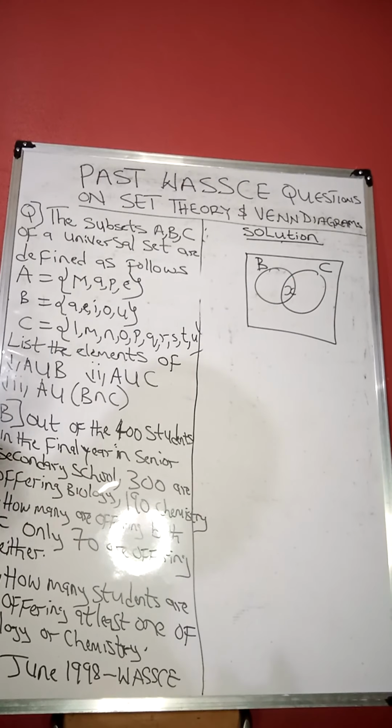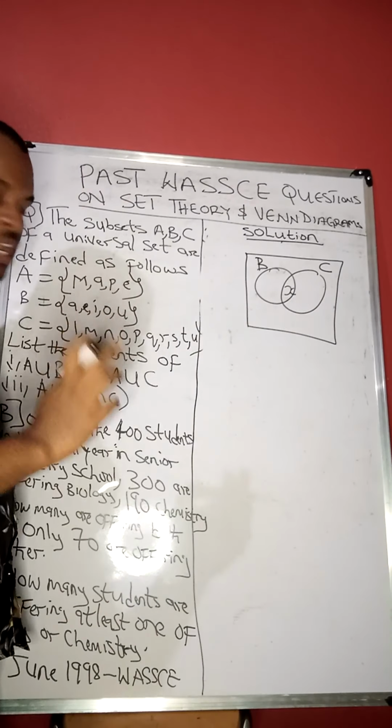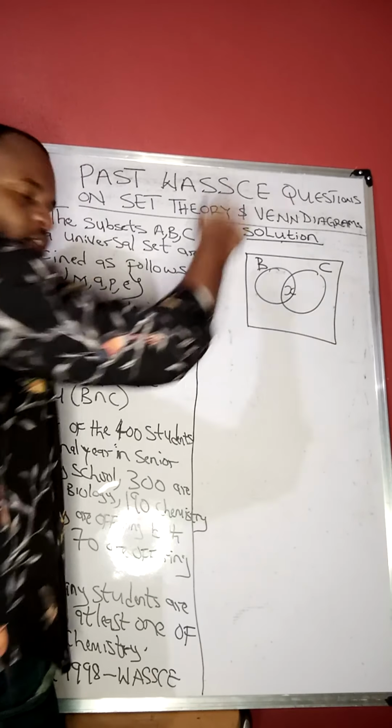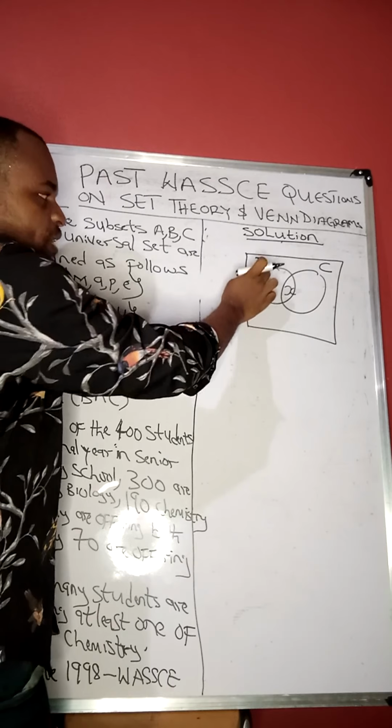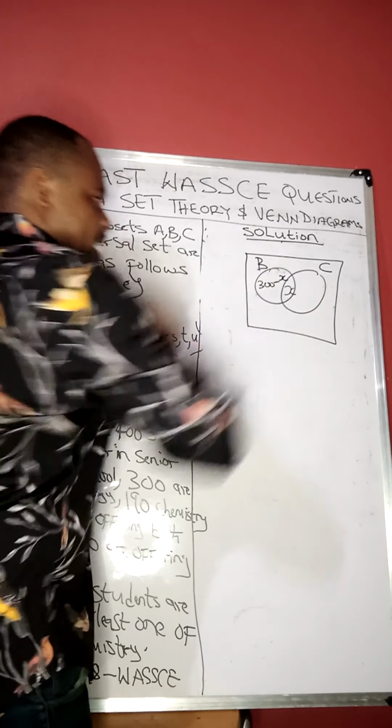We don't know it, that's why we are representing it by X. But the question says 300 are offering biology. Now look at the circle for biology. We've already put X here to be offering both, but this X is part of the 300. So the people offering only biology will be 300 minus X.